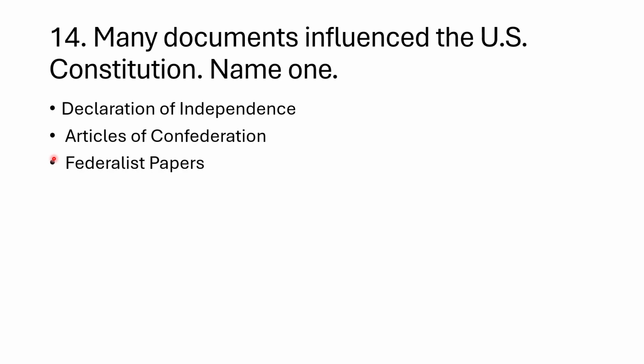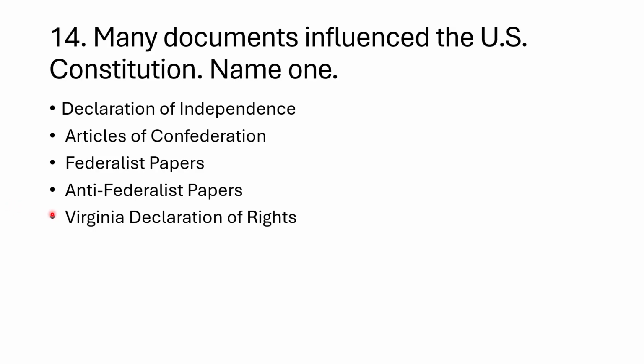So several of the prominent leaders of the time wrote articles, and they were printed in a collection called the Federalist Papers. Those were about why the Constitution was a good thing. Now, not everyone agreed, so there were articles also against the Constitution. Those were called the Anti-Federalist Papers, and they also had an impact because they reflected the opinions of some of the people.